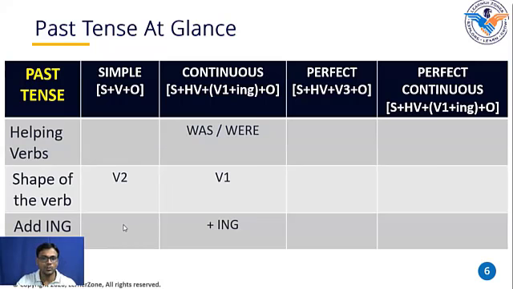Whereas for the past continuous tense, we are using was and were as helping verbs, using the first shape of the verb and adding ing to it. That's it. It's very simple. You just need to remember these two things to convert any sentence into simple past tense or past continuous tense.